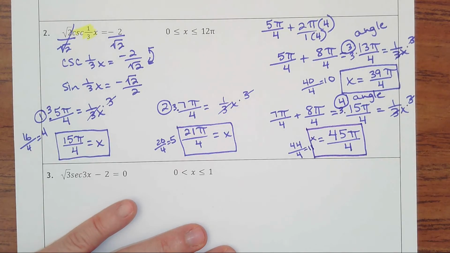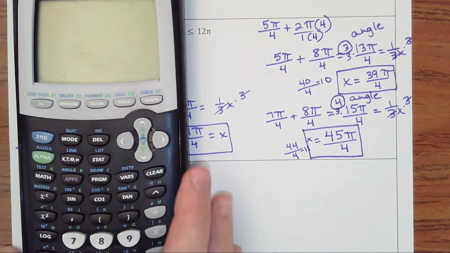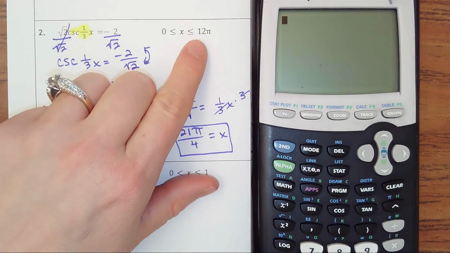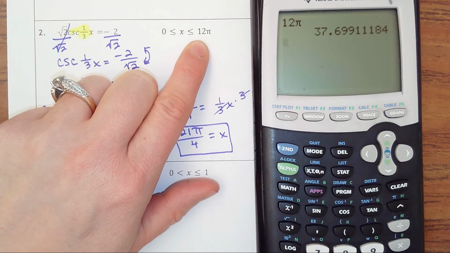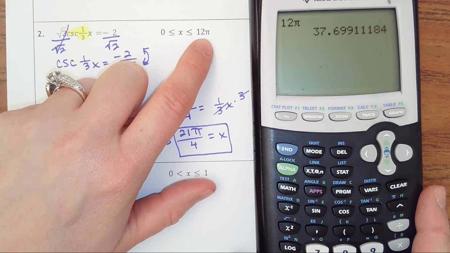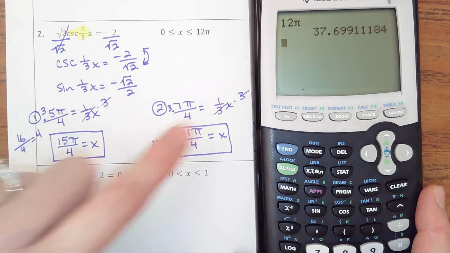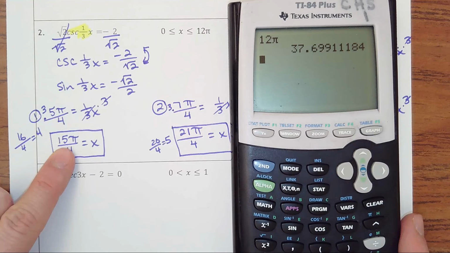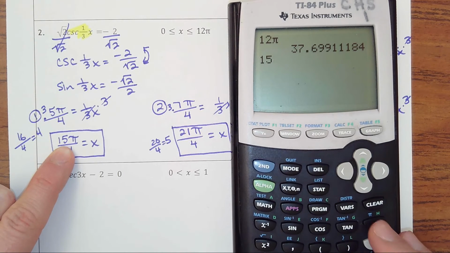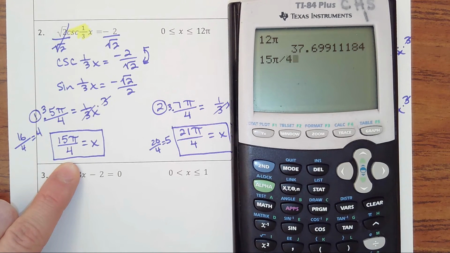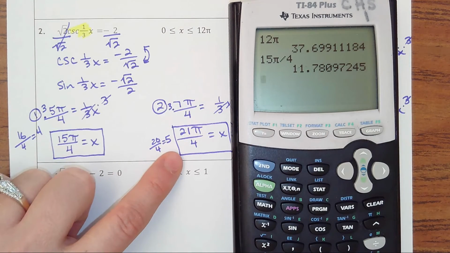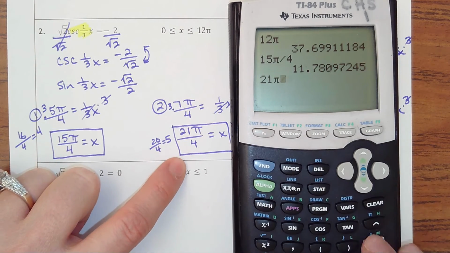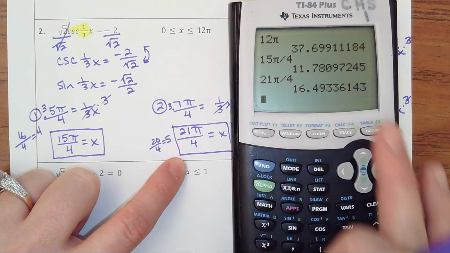Okay, the other thing you could do, if you're not liking the fraction thing, is take 12 times pi and figure out what that decimal actually is. That's taking 12 times 3 point something, so it makes sense that it's in the 30s. And then you can try all these numbers. If I took 15 pi divided by 4, that's 11 point something, so it's definitely less than that. If I took 21 times pi divided by 4, that's less than 37.